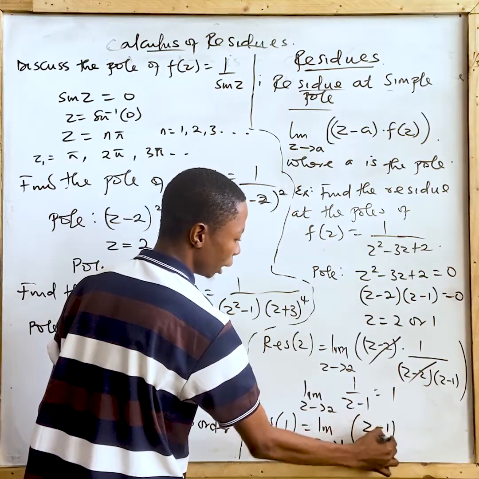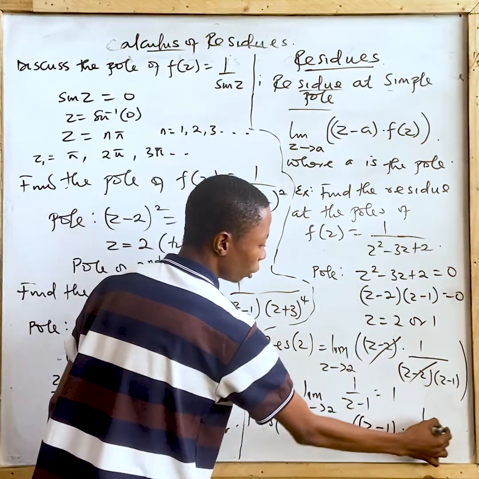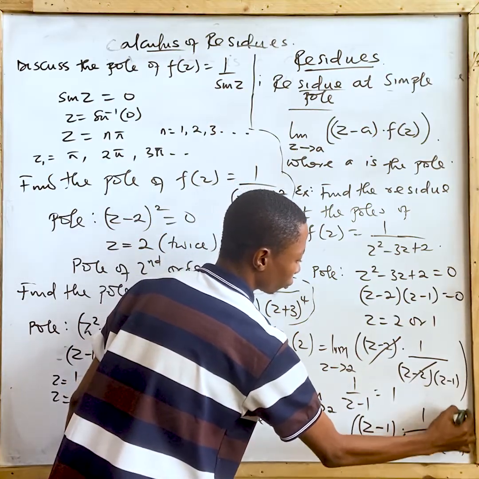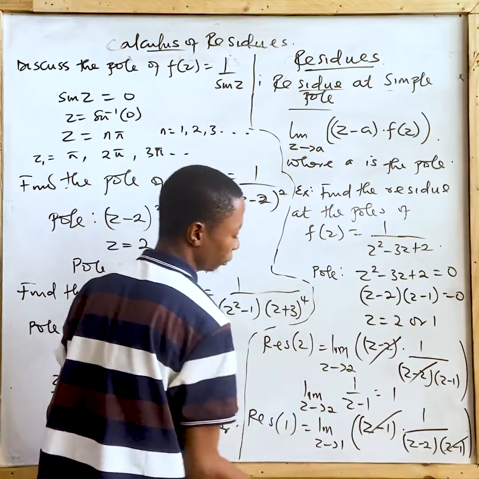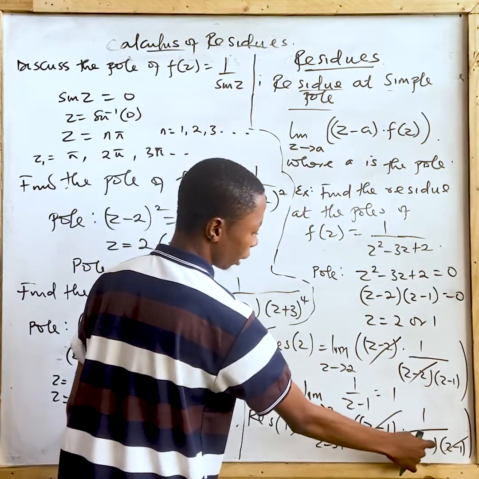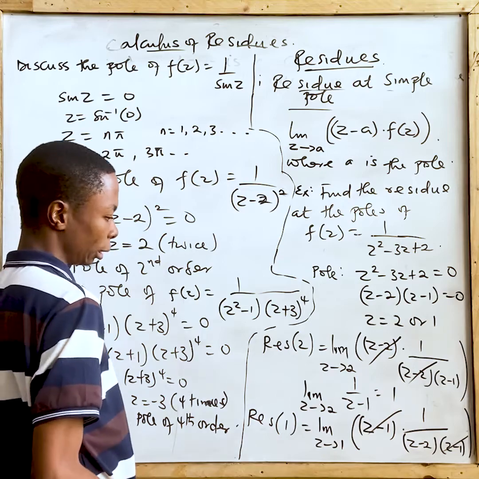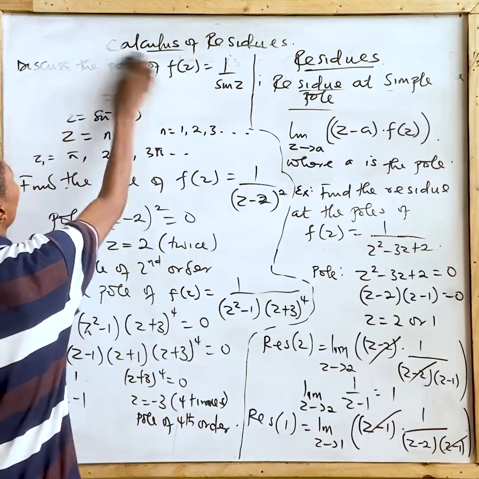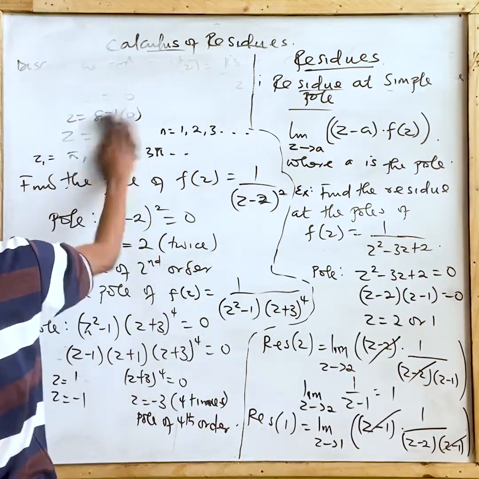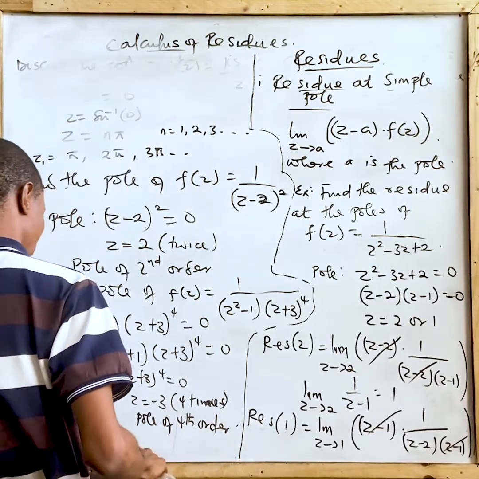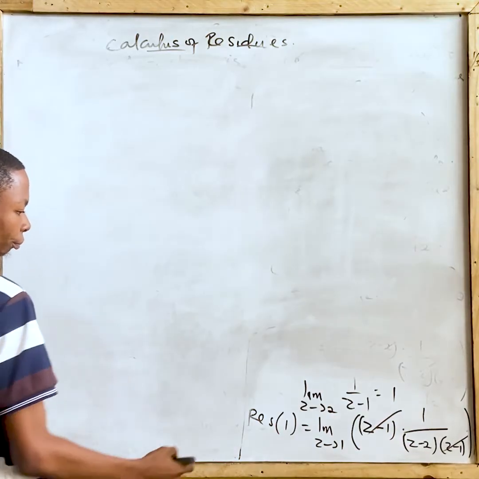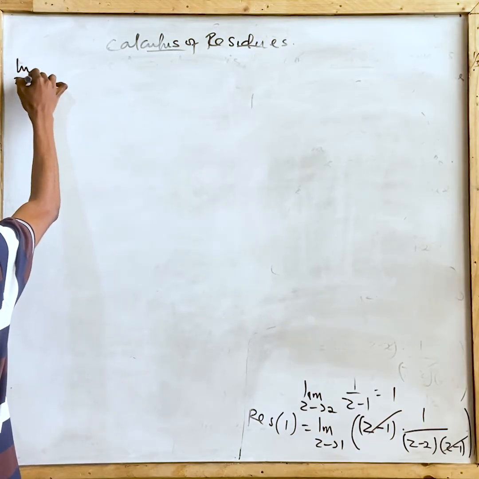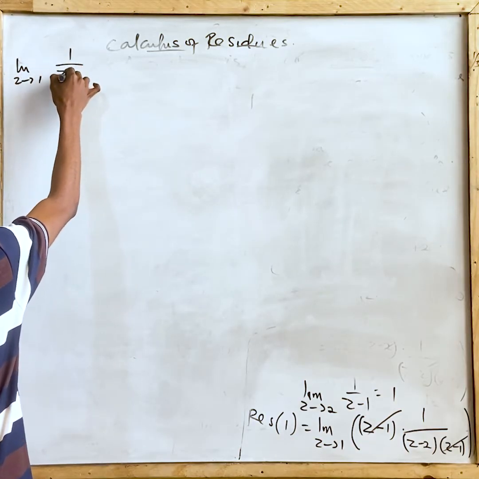So (z minus 1) times 1 over (z minus 2)(z minus 1). The z minus 1 cancels, and we have the limit as z approaches 1 of 1 over (z minus 2).